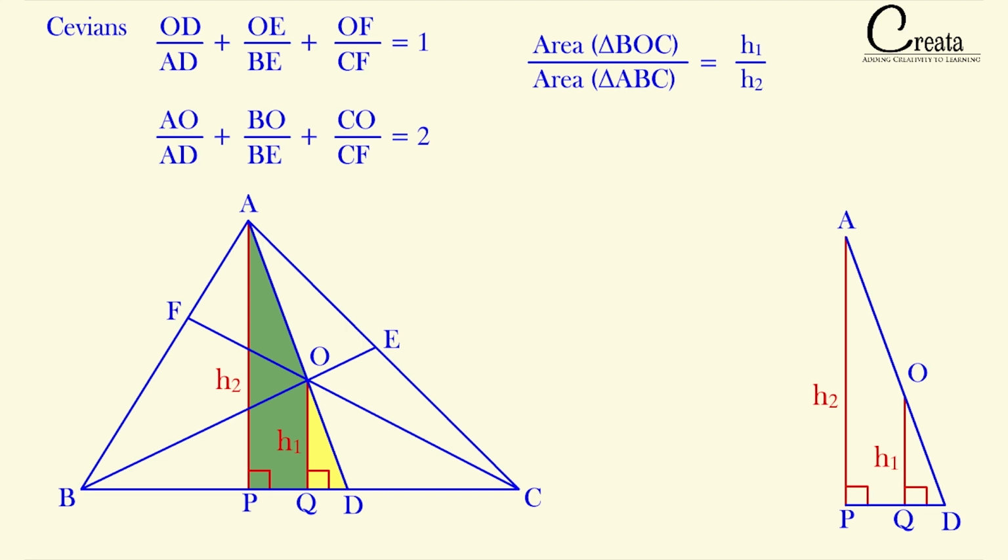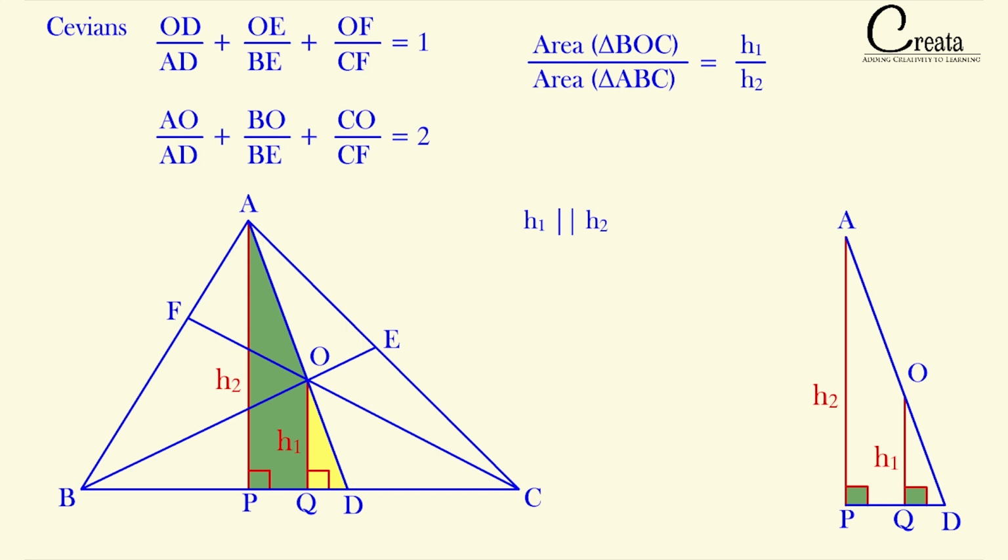If we assume OQ and AP as two line segments intersected by the transversal PD, can we say these two angles are corresponding angles? And these two corresponding angles are 90 degrees, that is, both are equal to each other. So, can we say H1 and H2 are parallel to each other? We have applied the fundamental of transversal. These two angles are equal to each other, so H1 and H2 will be parallel to each other.